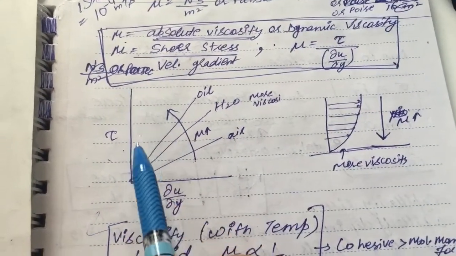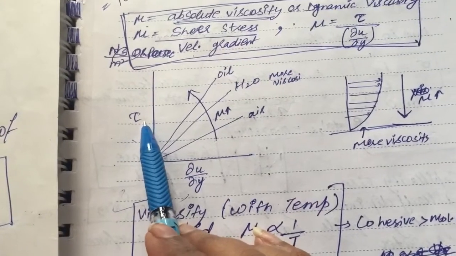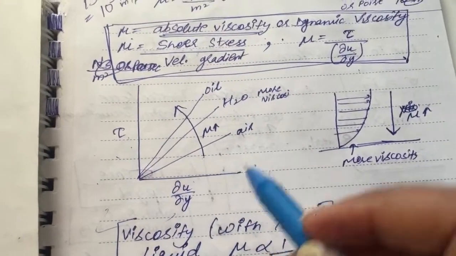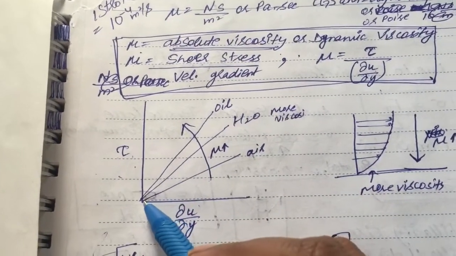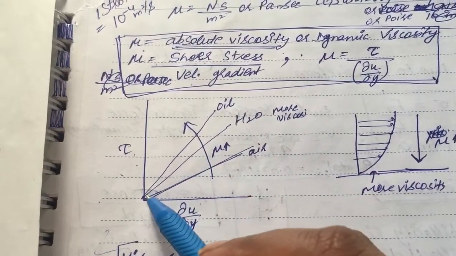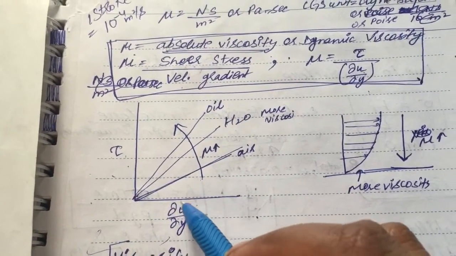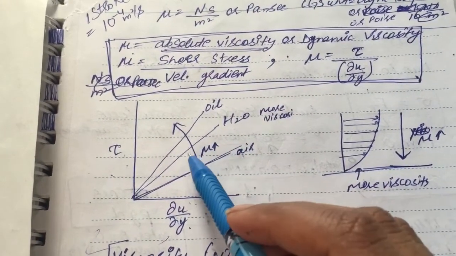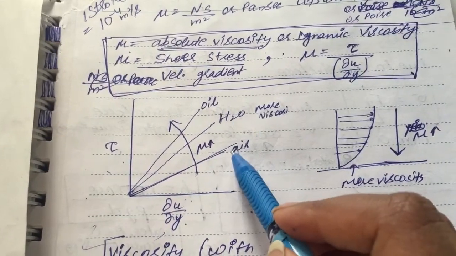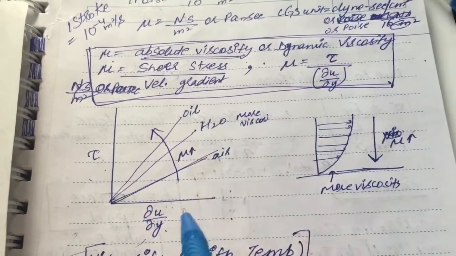Then if we plot a graph between tau, shear stress, and velocity gradient, this is for air, mu for air. The graph for tau versus del u by del y would have slope mu. So this is mu for air, mu for water, and mu for oil.